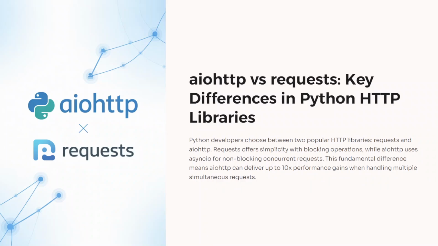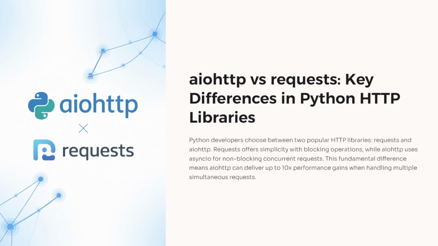In this video, we are going to look at aiohttp versus requests, key differences in Python HTTP libraries. Python developers choose between two popular HTTP libraries, requests and aiohttp. Requests offers simplicity with blocking operations, while aiohttp uses async IO for non-blocking concurrent requests.